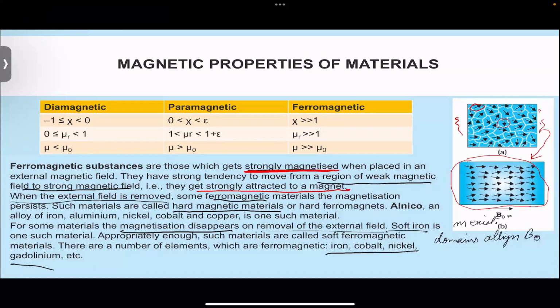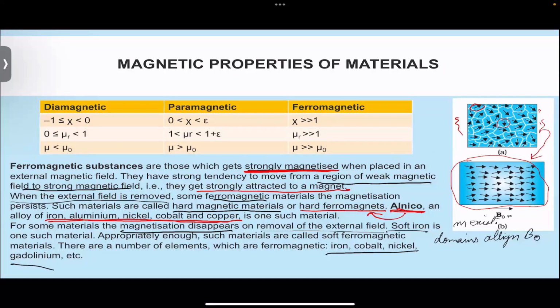It will not disappear, and these are called hard ferromagnets. So you have your iron, aluminium, nickel, cobalt, copper. When these are all together, they form an alloy called alnico. So this is a hard ferromagnet.